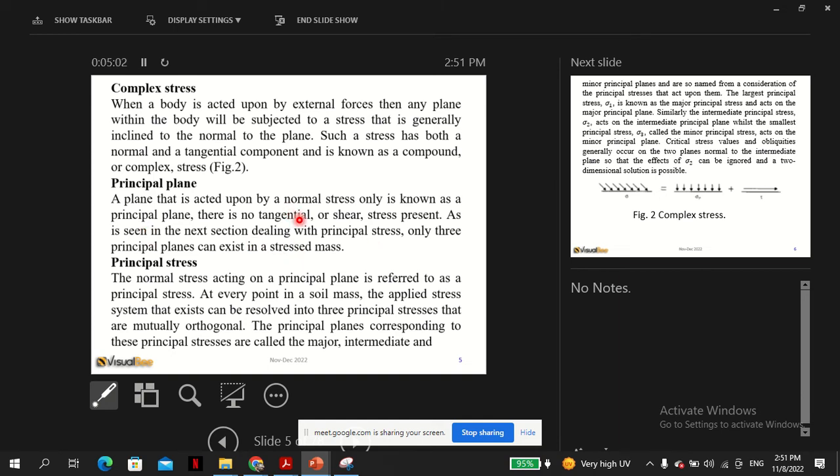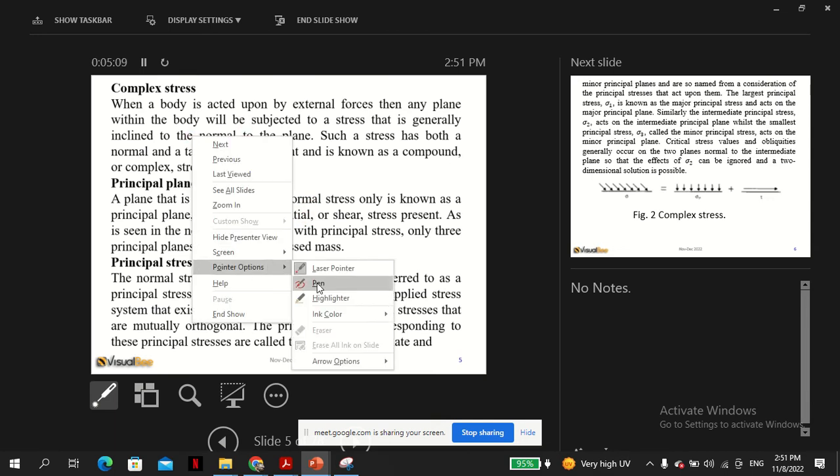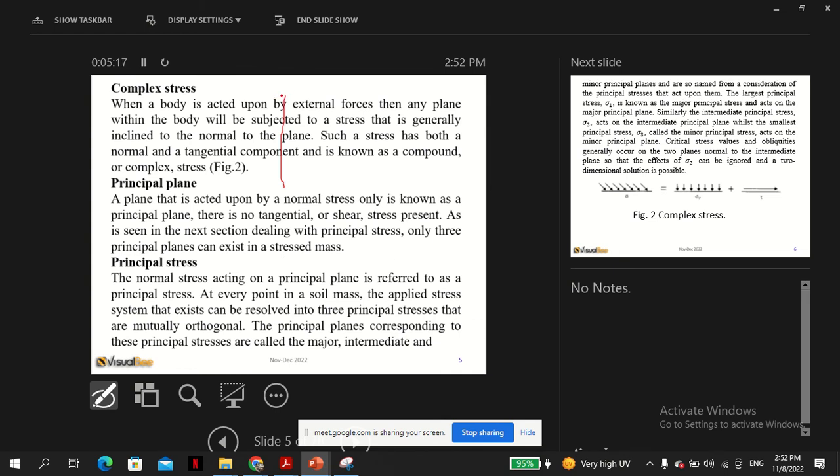If you remember what we talked about before, we have major principal stress sigma 1, minor principal stress sigma 3, and then this is the intermediate, sigma 2.